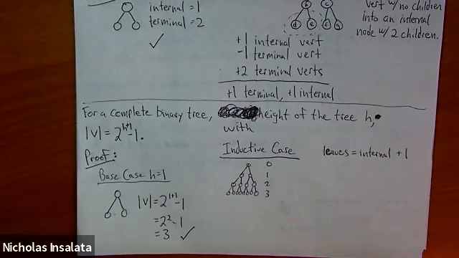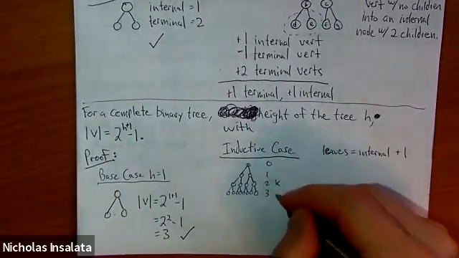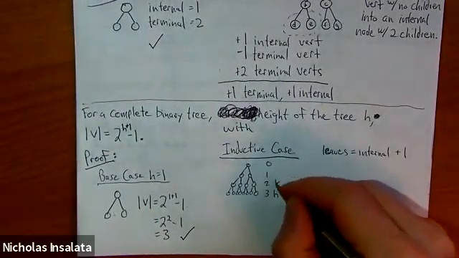Okay, we proved that H equals K plus 1. Okay, you want K to be like the current number of leaves. Or, oh, okay, no, you want K to be the current level, right? So here, this would be K, and this would be H. So H equals K plus 1, is that right?